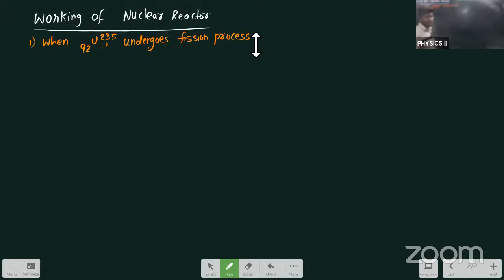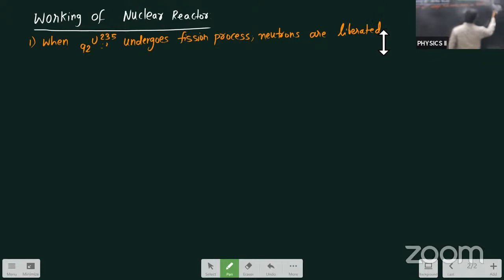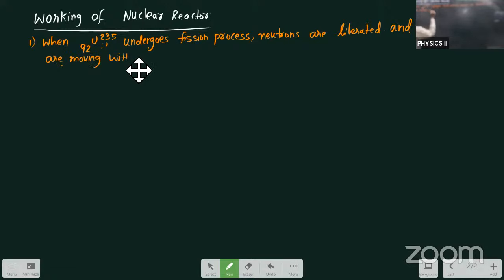Neutrons will be emitted or liberated, which will be moving with very high velocity. So neutrons are liberated and are moving with very high velocity.